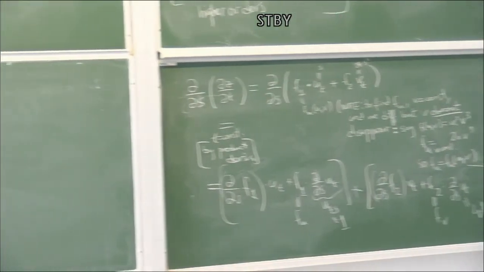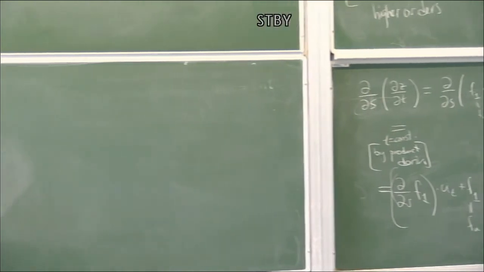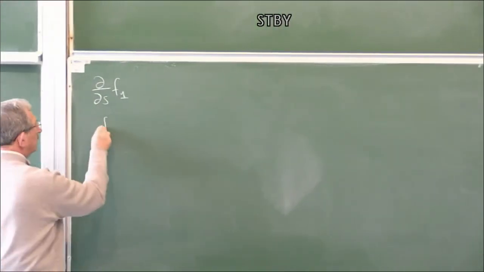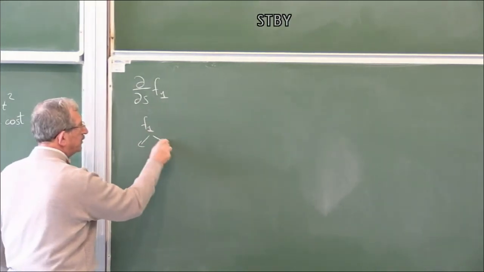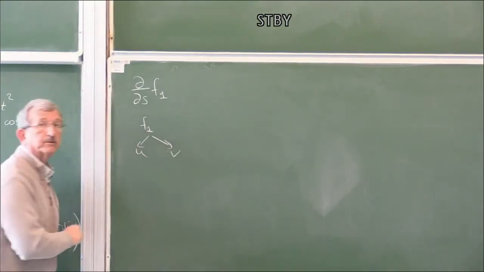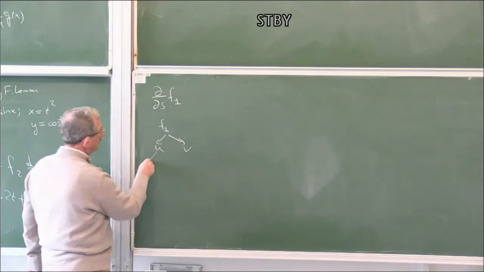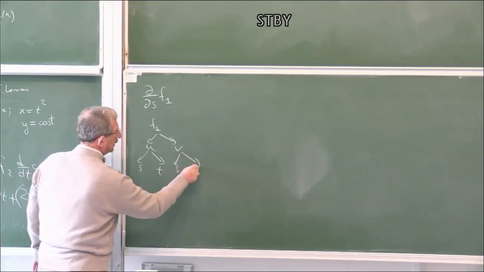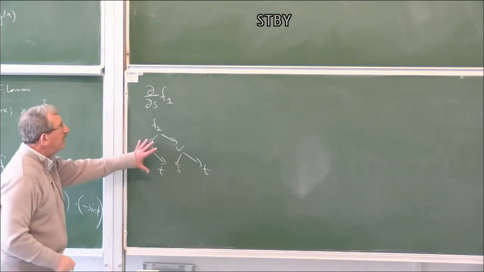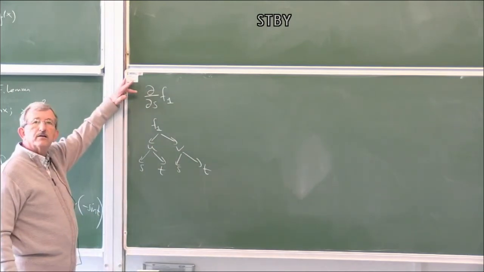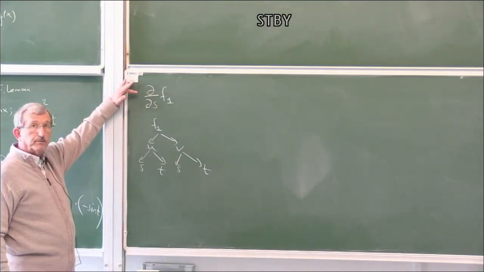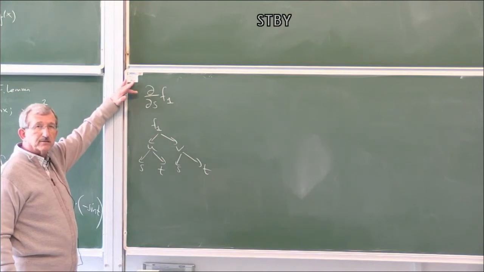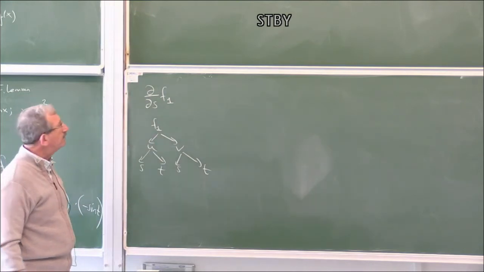Now, for this derivative, we can do something, because f1 is a function of u and v in the first place, and these are functions of s and t. I can use a tree because this is a derivative of first degree, that is, it's not a higher order derivative.